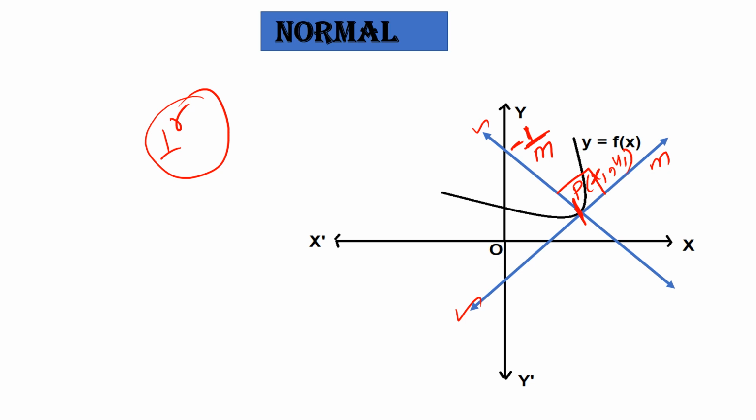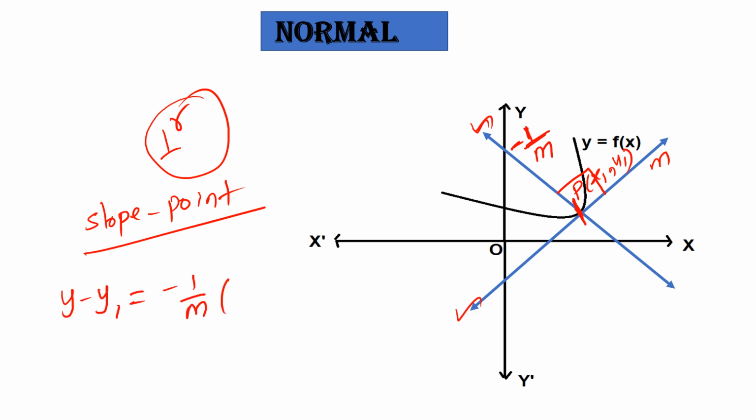Therefore, according to the slope point formula, the equation of the normal will be y minus y1 is equal to minus 1 by m into x minus x1, which is the equation of a normal at the point x1 comma y1.